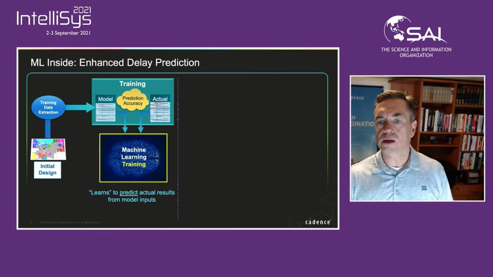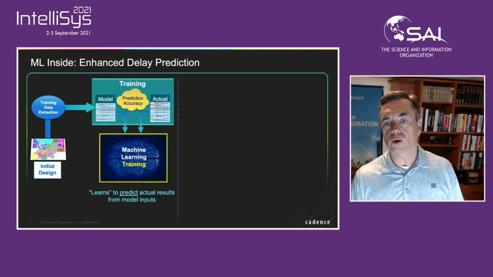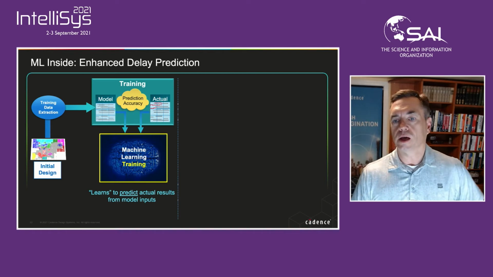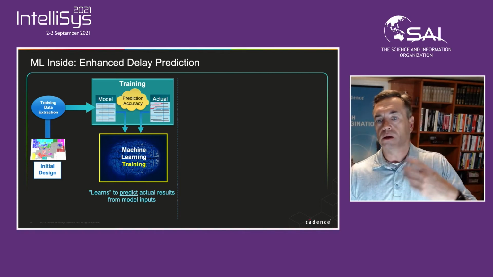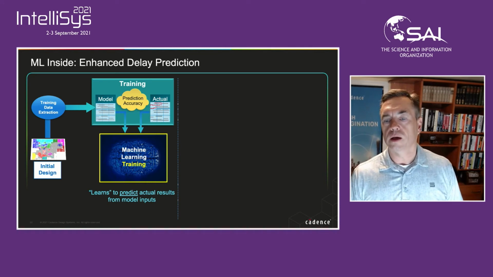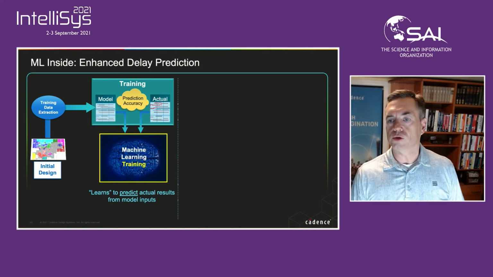One of the items when you look into the layout from an initial design, as you're laying it out in a silicon technology, let's say a TSMC 7 nanometer technology, or a GlobalFoundries technology, you have different options there.